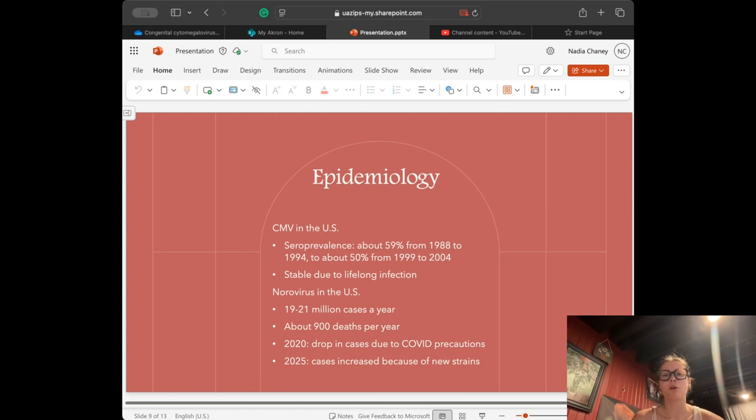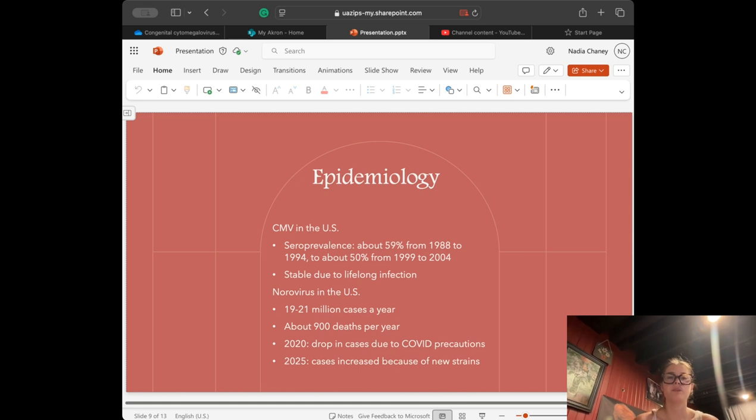So, epidemiology. For CMV in the US, the seroprevalence was about 59% from 1988 to 1994, and then it went to about 50% from 1999 to 2004, and it's fairly stable because it is a lifelong infection.